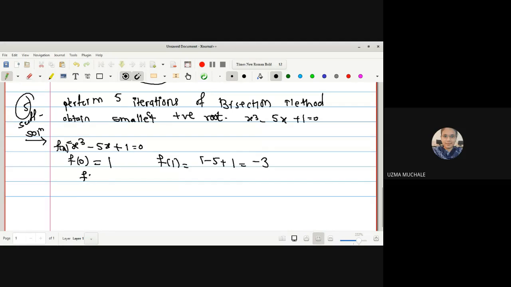So what will be the resultant? f of 0 into f of 1, which is equal to 1 into minus 3, which is less than 0. Hence we can say the selected interval will be 0 to 1. Okay.